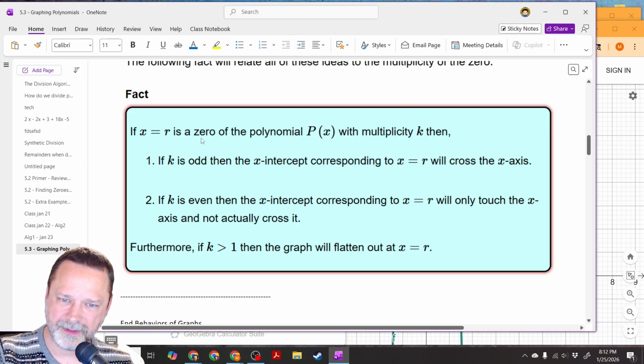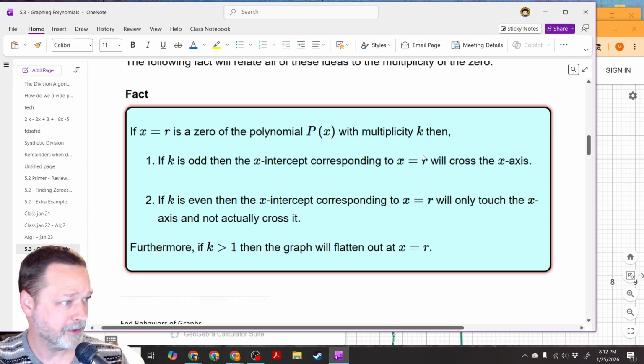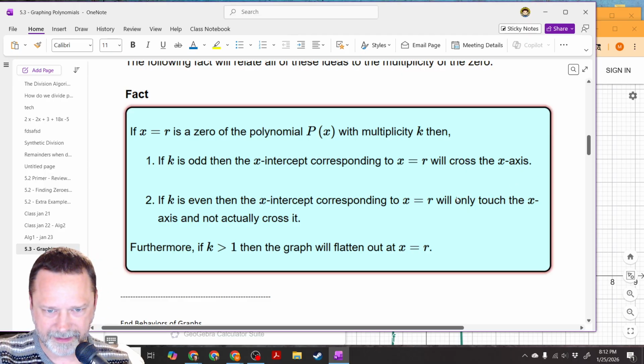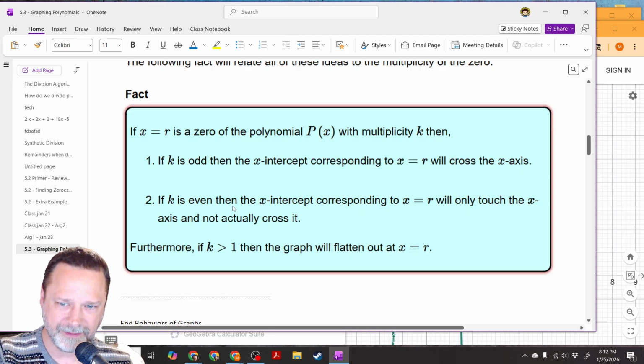So if x equals r is a 0 of a polynomial p of x with multiplicity k, talking about multiplicity again, if k is odd, the x-intercept corresponding to x equal r will cross the x-axis. If k is even, then the x-intercept corresponding to x equal r will only touch the x-axis and not cross it. Now, why is that?